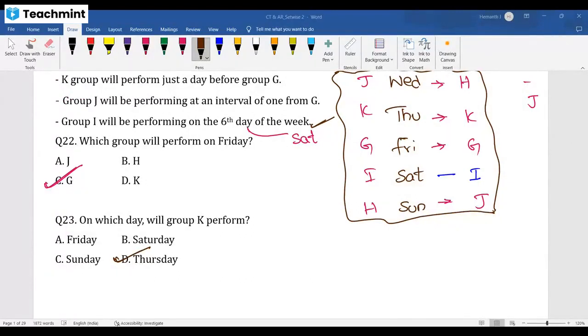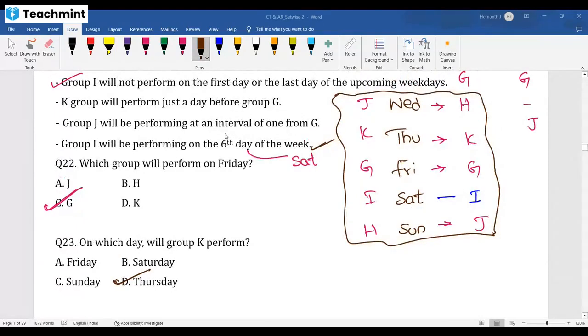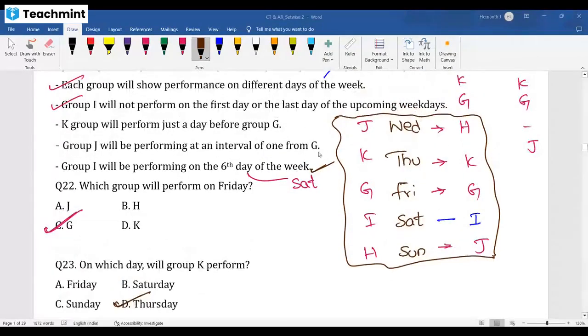Fourth statement, can it be K, G, J, I, H? J will perform at an interval of 1. Okay, fine. J will be performing at an interval of 1 from G. That's what gap is required, right? Okay, cool. Somebody is saying, sir, why can't it be K, G, J, I, H?